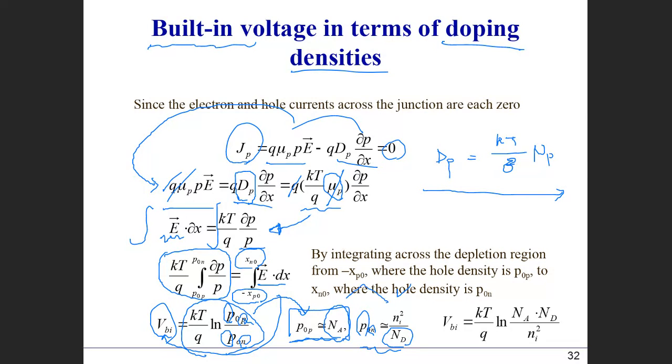If we plug these two into this equation, the final relationship of VBI with the carrier concentration follows this equation: kT over q, ln of Na times Nd divided by Ni squared. Using this equation, you calculate your built-in potential.